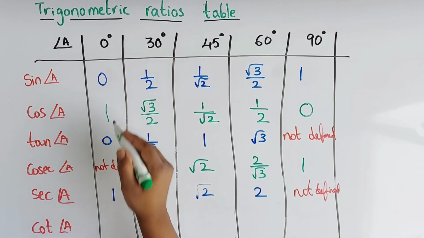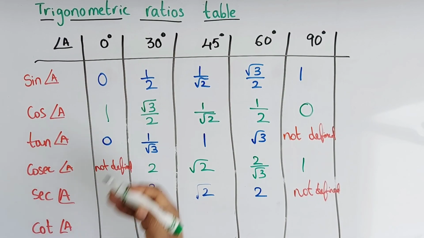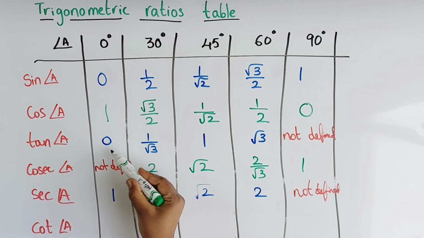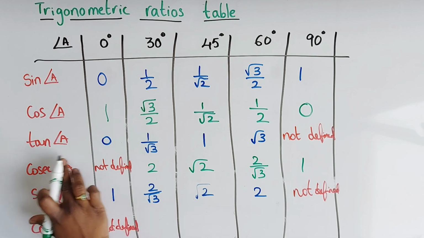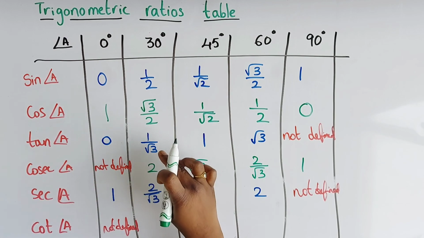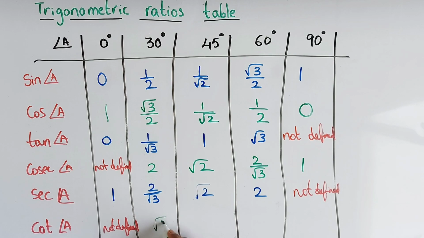Now cot 0 degrees, children, see, exactly reciprocal of tan. Here tan 0 is 0 by 1, that means cot 0 equal to 1 by 0. It is not defined. Now cot 30, see tan 30, it is 1 by root 3. 1 by root 3 reciprocal, it is root 3.